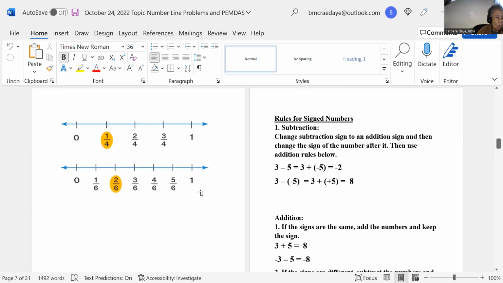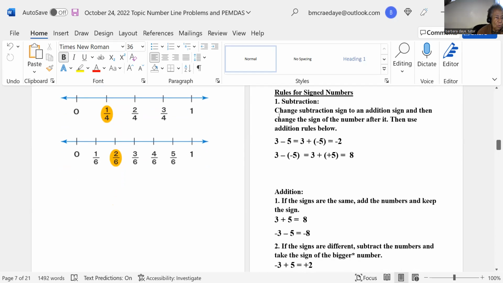Now, the rules for the signed numbers. Let's go through it again. We did it at the beginning, but just to emphasize: if you were subtracting, you change the sign and you add.